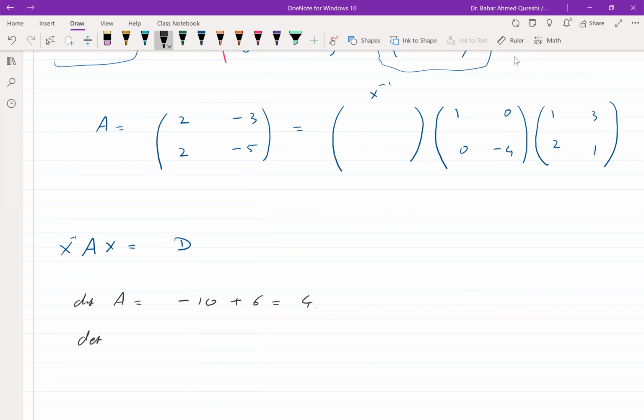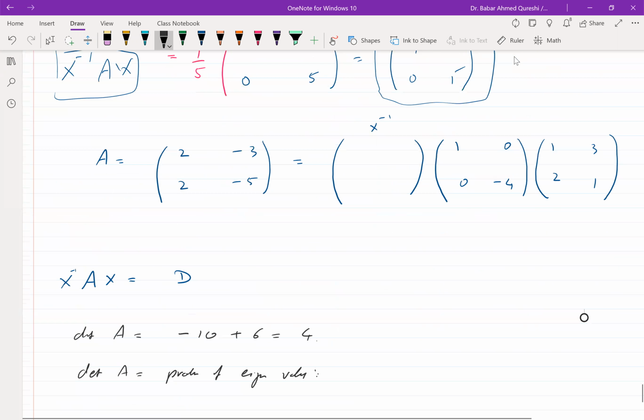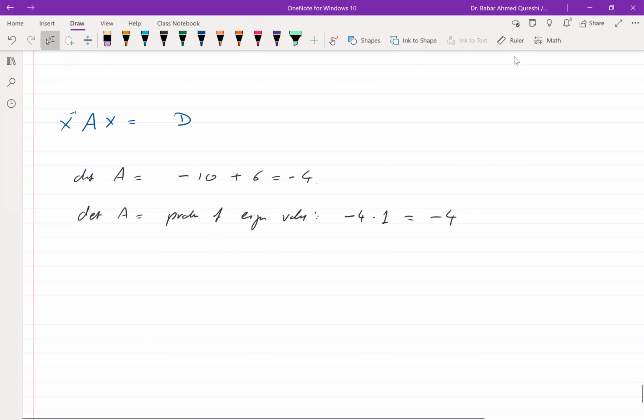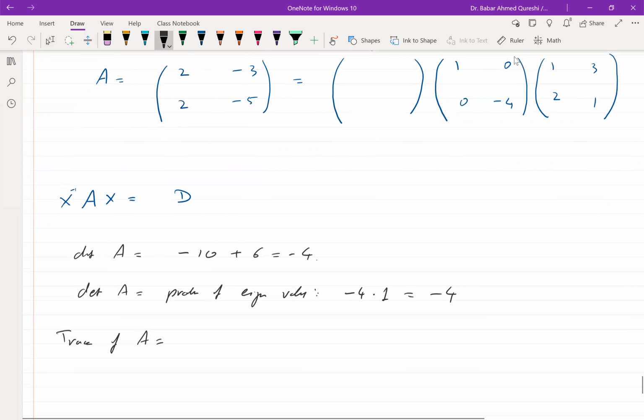My claim was that the determinant of A is the product of eigenvalues. The eigenvalues are minus 4 and 1, so the product is minus 4. And the trace of A, which is the sum of the diagonal entries, is minus 3. This is also equal to the sum of the eigenvalues.